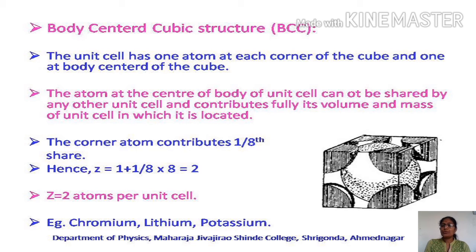So the contribution due to the corner atoms, 1, plus this one extra atom at the center of the unit cell, 1, gives the Z value as 2 for body-centered cubic structure. Therefore, if while solving an example the structure is given as body-centered cubic, you have to take Z value as 2. Examples of body-centered cubic structure are chromium, lithium and potassium.